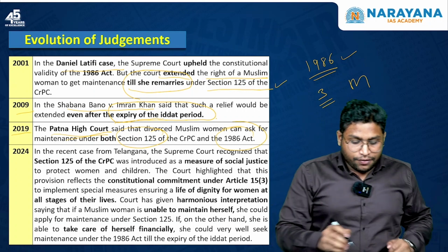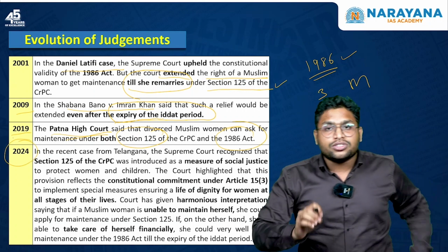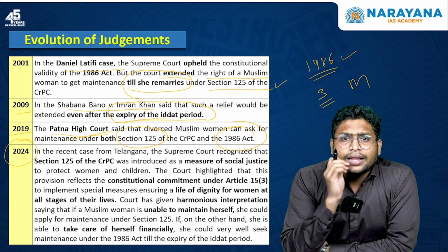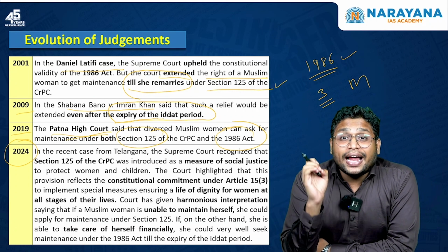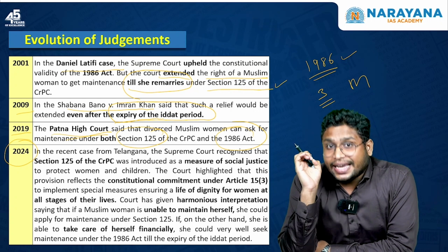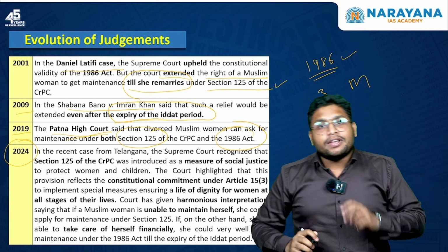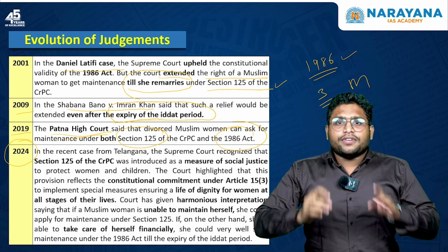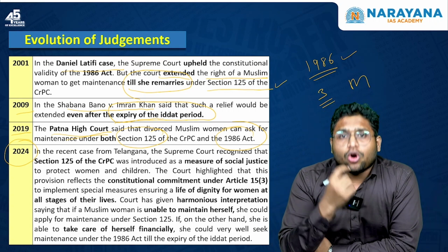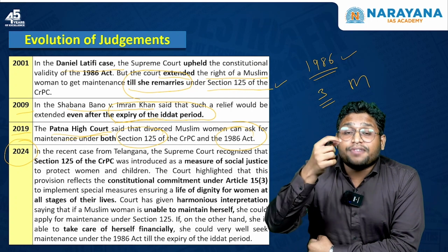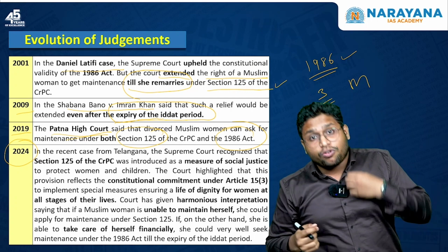So now we have come to 2024, in which this Telangana couple went to the Supreme Court, and now the Supreme Court has concluded and gave this final conclusion saying that a woman will have a choice, and we will look at the woman and see whether she is independent or not. If a woman is financially independent, she can take care of herself.